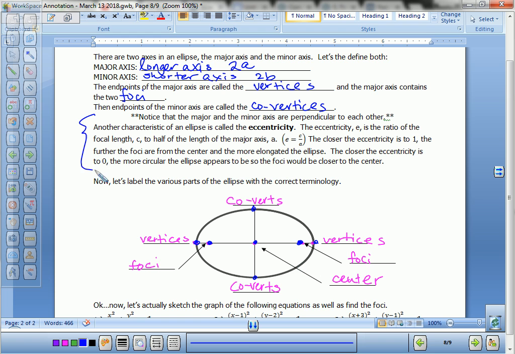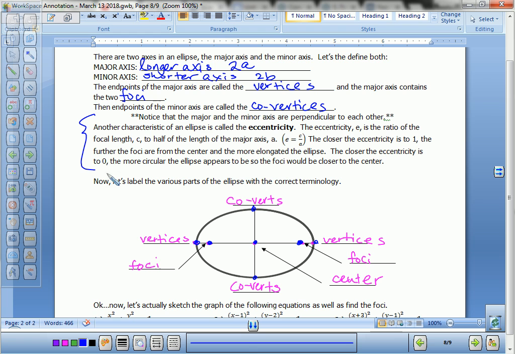All right, now this paragraph talks about something that's weird. It's called eccentricity. And eccentricity refers to the roundness of a conic.